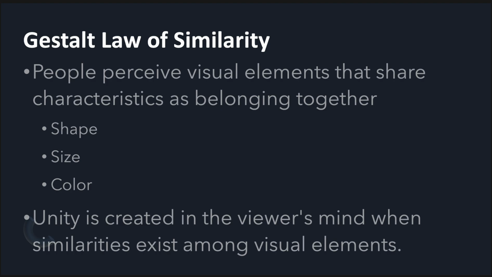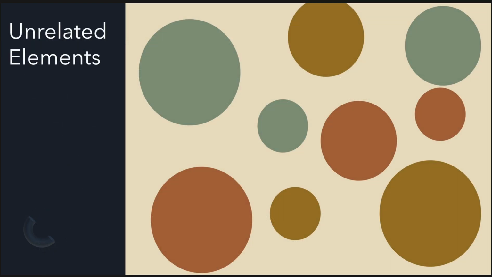So using another very basic design, here I have a set of circles, and again, kind of random. We have some different colors here, but because they're randomly placed, we don't really see them as related.